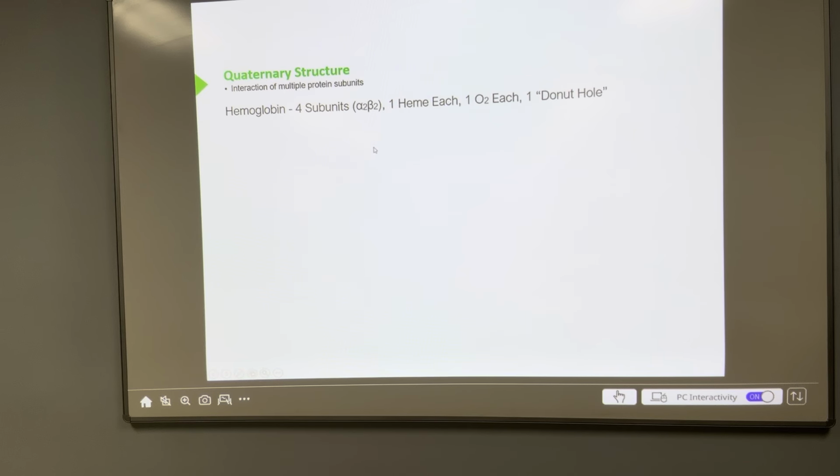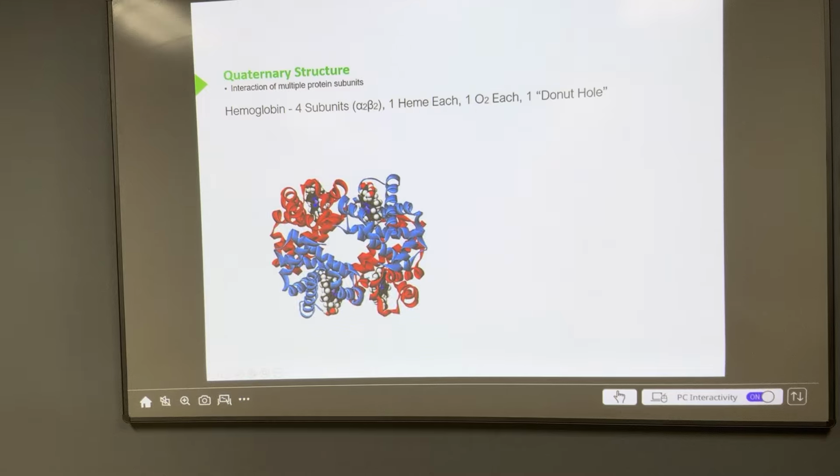Each subunit has 1 heme group, and each heme group holds a dioxygen. It's like a donut hole, with a hole in the middle to trap the oxygen. It has 4 subunits, each subunit has 1 heme group, and each heme group holds 1 dioxygen, not 1 single oxygen, 1 dioxygen.